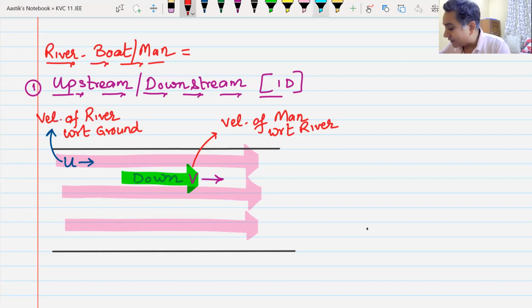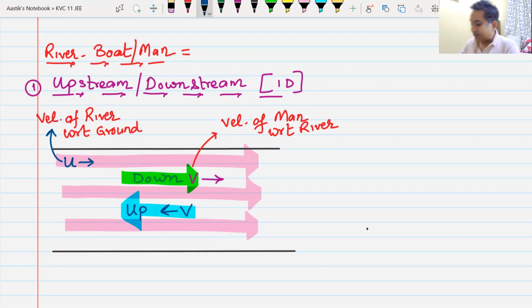Then what is upstream, my dear friends? If he moves like this, that means he is moving upstream. And then his velocity v would be in this direction. In both the cases, the velocity of the man or the boat will be given with respect to the river.